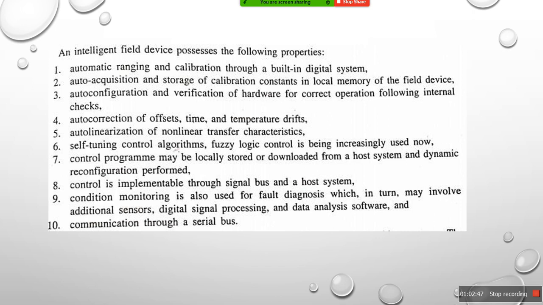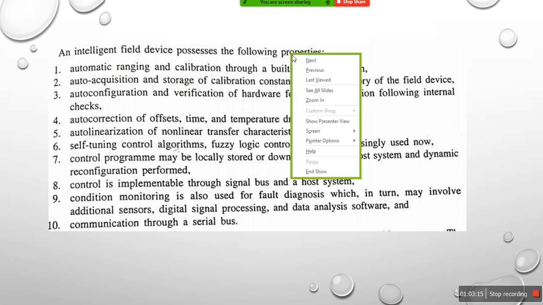Depending on that offset voltage, the calibration will differ. Once the calibration is not correct, then your internal checks or the internal operation may not be accurate. So in order to prevent that, auto correction of the offsets, time and the temperature drifts should all be taken care of. And similarly, auto linearization of the nonlinear transfer characteristics and self-tuning control algorithms, fuzzy logic control.